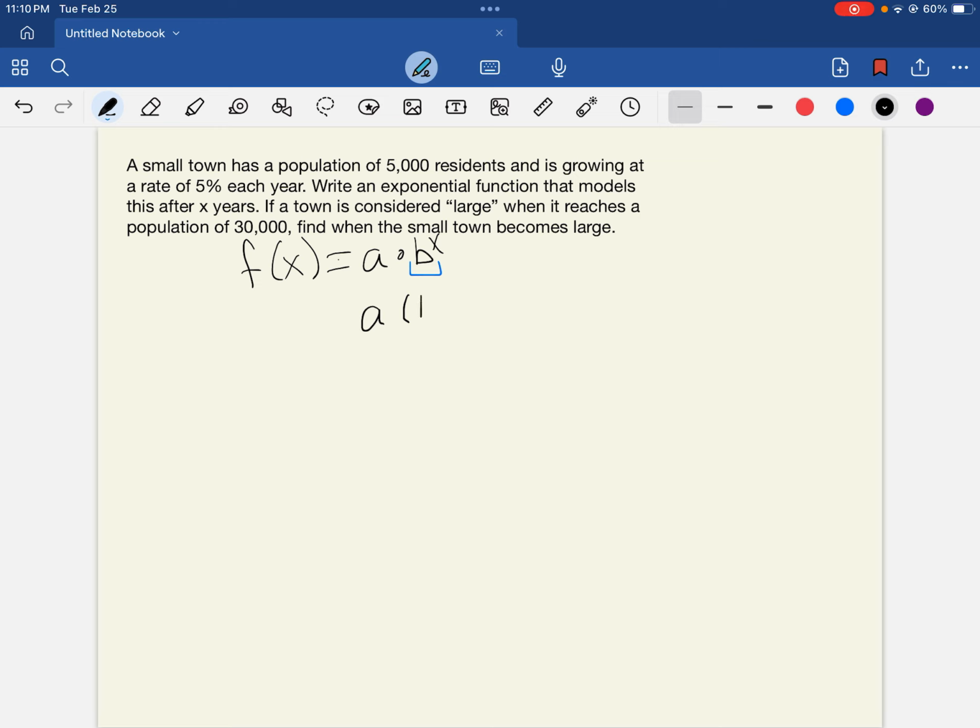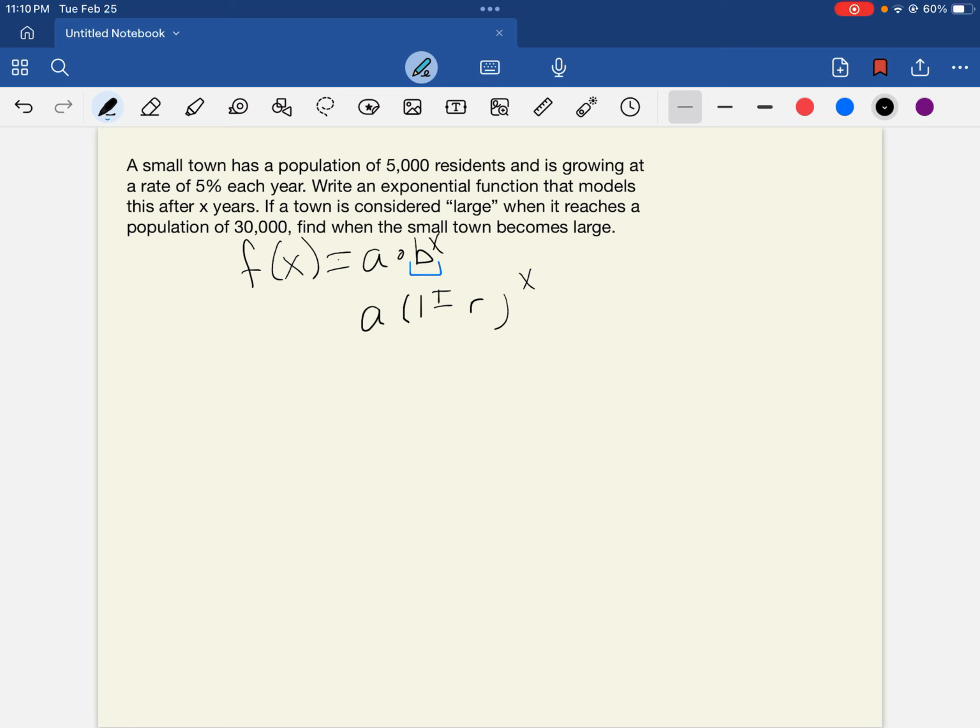We're going to write it as 1, and then you have to decide if we add or subtract the given percent. So that becomes a times 1 plus or minus r raised to the x. Part of what we'll do when we're writing this equation is decide, based on what the story tells us, are we adding or subtracting?